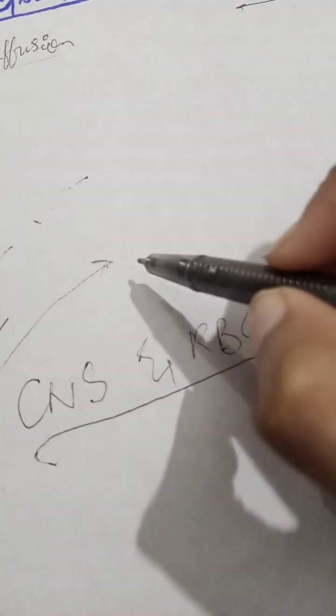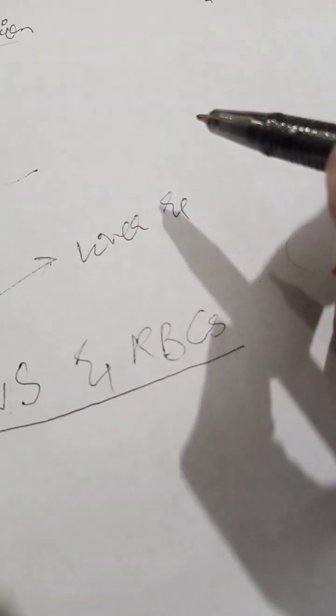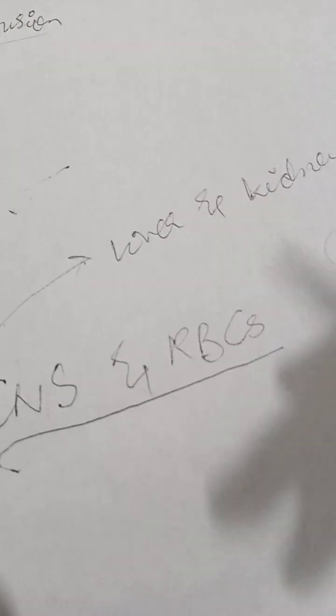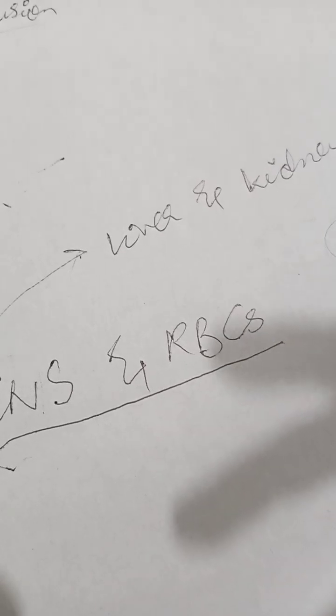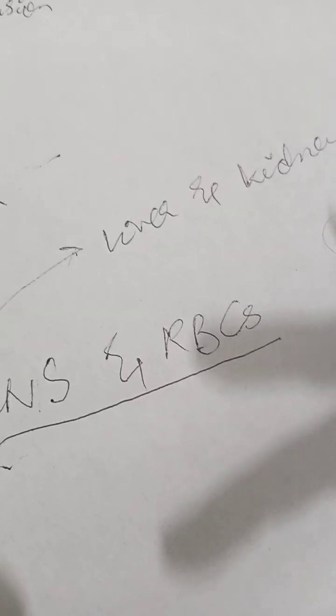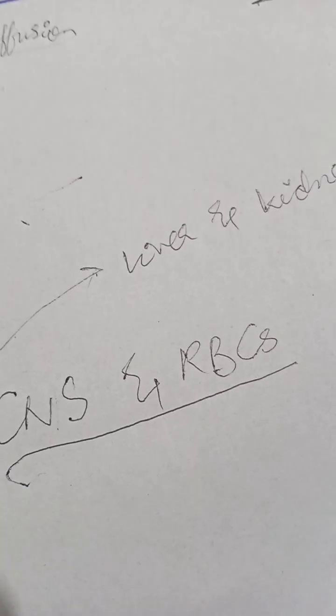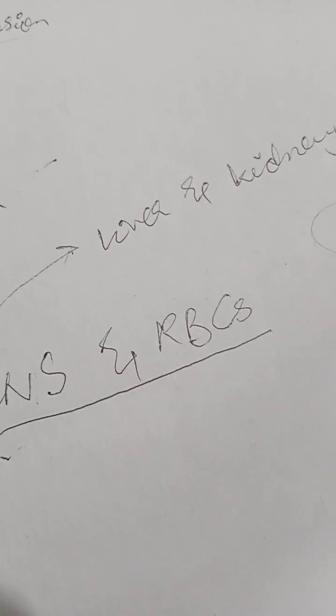Why liver and kidneys? For example, in the liver we need a lot of glucose.